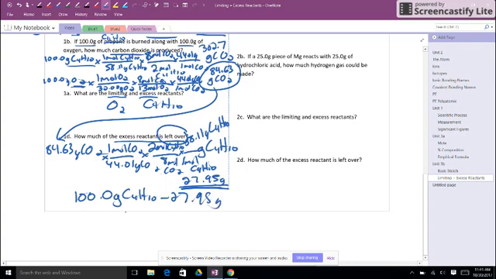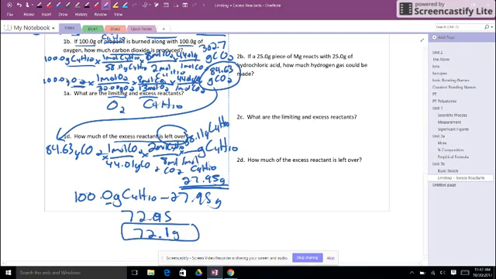So I think we get 72.05 grams left over, and when we're doing addition subtraction here, we would go with that fewest decimal, so I would probably round that to 72.1. So 72.05 grams of the butane would then be left over.